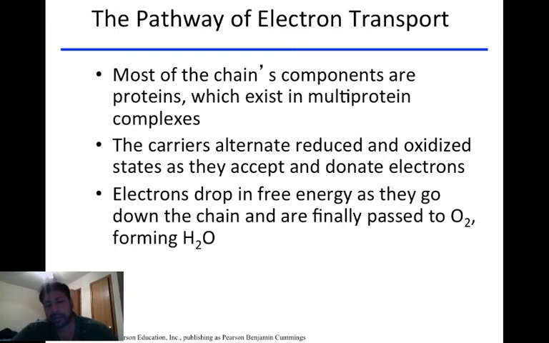The next set of proteins or substances are accepting those electrons, they are being reduced, and this is a constant cycle. And then electrons drop in free energy as they go down the chain and are finally passed to oxygen, forming water.